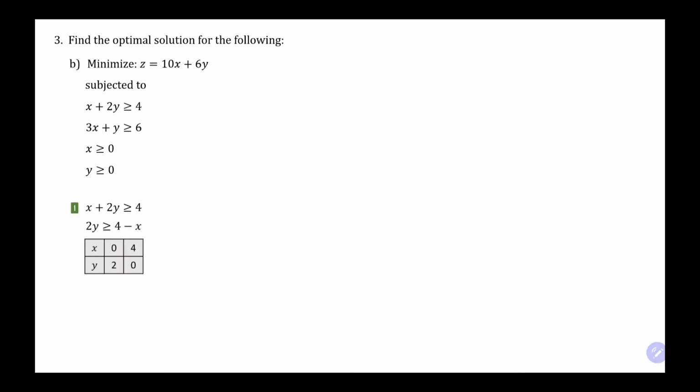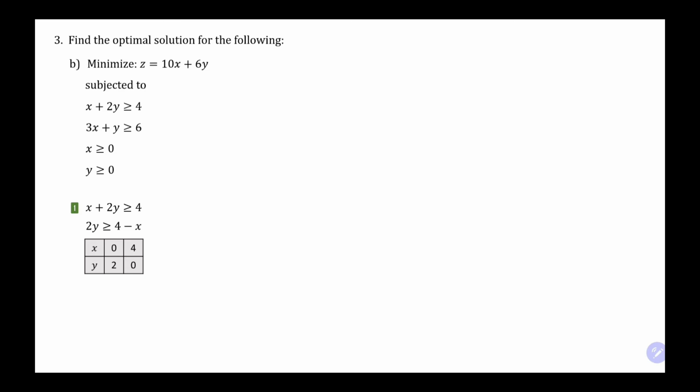We continue with question 3b. We minimize z equals 10x plus 6y, subject to this system of linear inequalities. First, our function is x plus 2y greater than or equal to 4. We arrange y on the left side. Then we find the intercepts. When x equals 0, we get y equals 2.